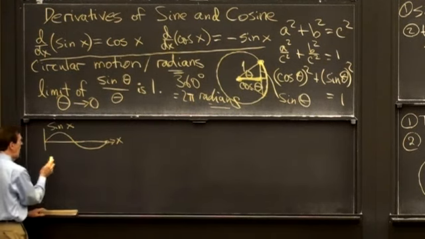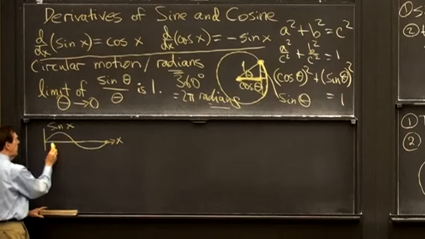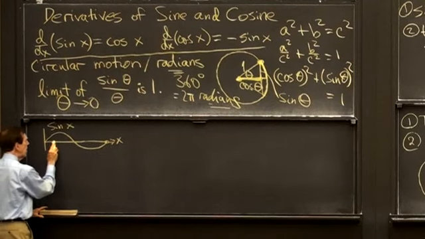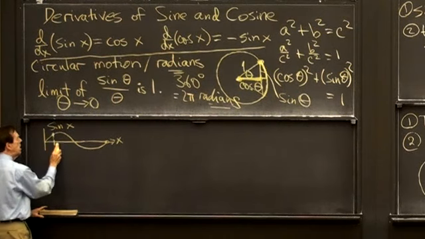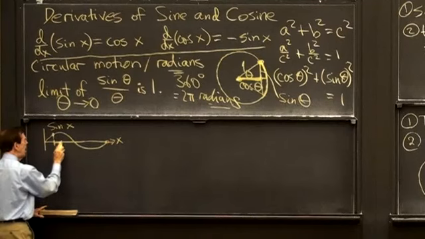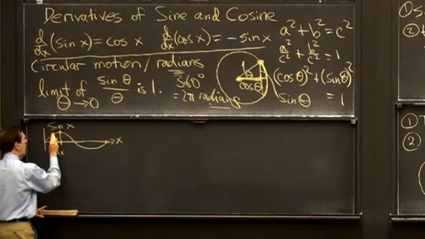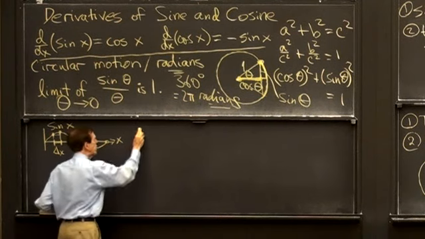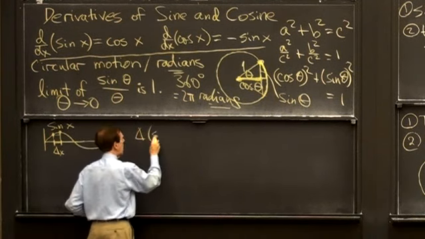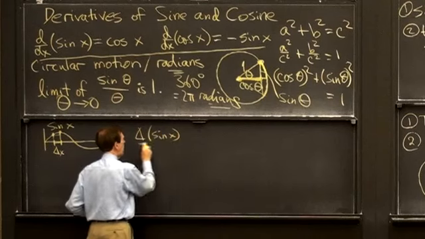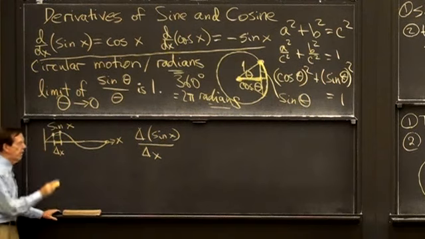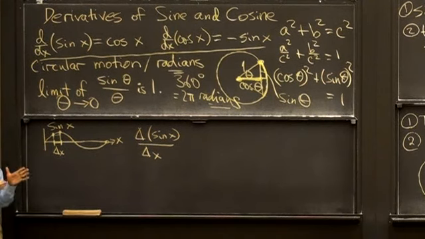So now what am I doing to find the derivative at some particular point? I look at the sine there. I go a little distance delta x, right? I go up to here, and I want to know the change in sine x divided by the change in x. And of course, I'm going to let the piece get smaller and smaller.